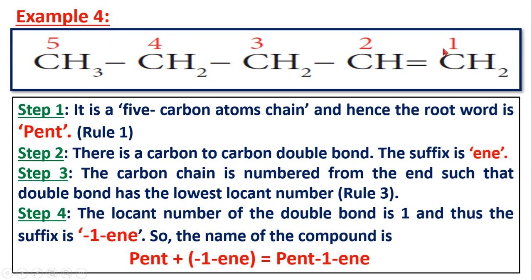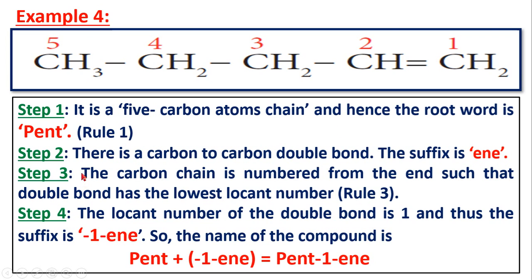You have to number from the right side because the carbon-to-carbon double bond should have the lowest possible number. So number from the right side: 1, 2, 3, 4, 5. Five carbons means pent. At the first carbon, a double bond is there. So pent-1-ene. The name of the compound is pent-1-ene.